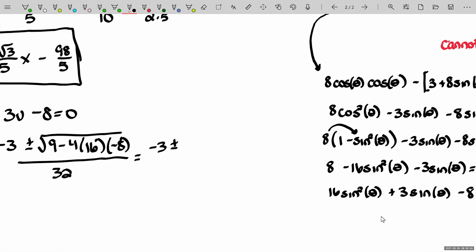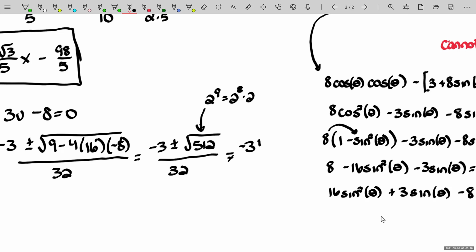Oh, it is 512. You cannot take the square root of that. Sorry, that's 2 to the 9th is what it would be. So I'm going to do this as 2 to the 8th times 2 so that I can take its square root. -3 plus or minus 2 to the 4th is 16 root 2 over 32. And that's as good as it gets.